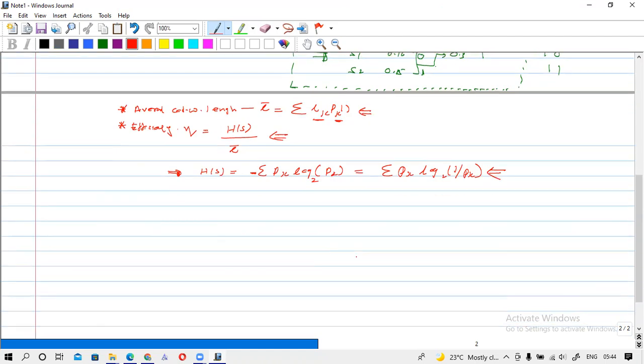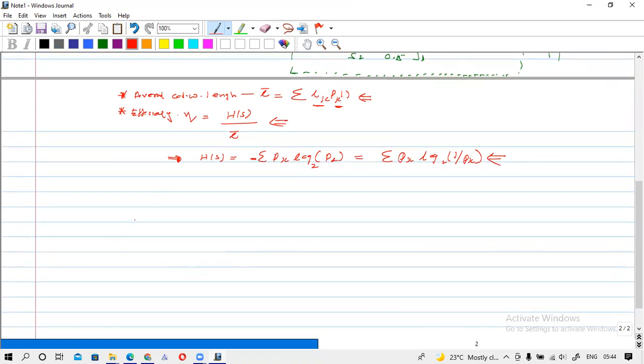Here we want to calculate the average code word length, so L bar is equal to the sum of LKPK. K goes from 0 to 2. If we expand this, we get L0 P0 plus L1 P1 plus L2 P2.